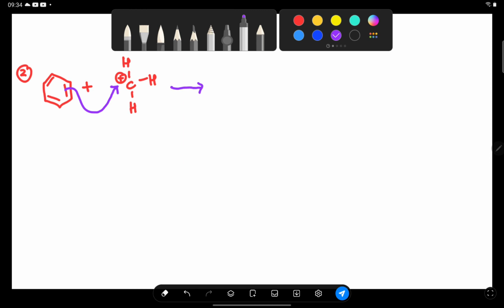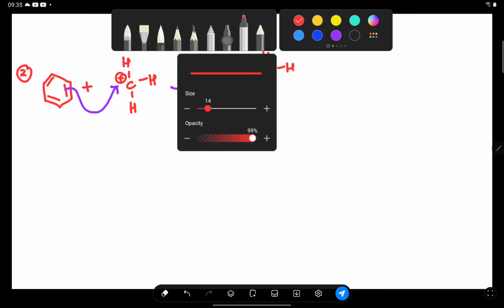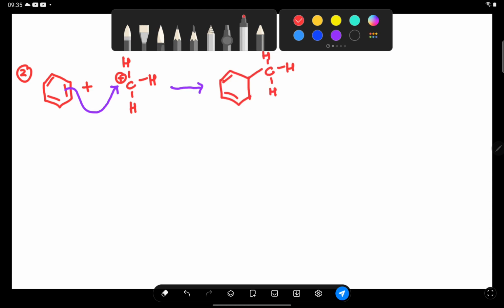Then you will get this. Here will become positive because it lost its electron.